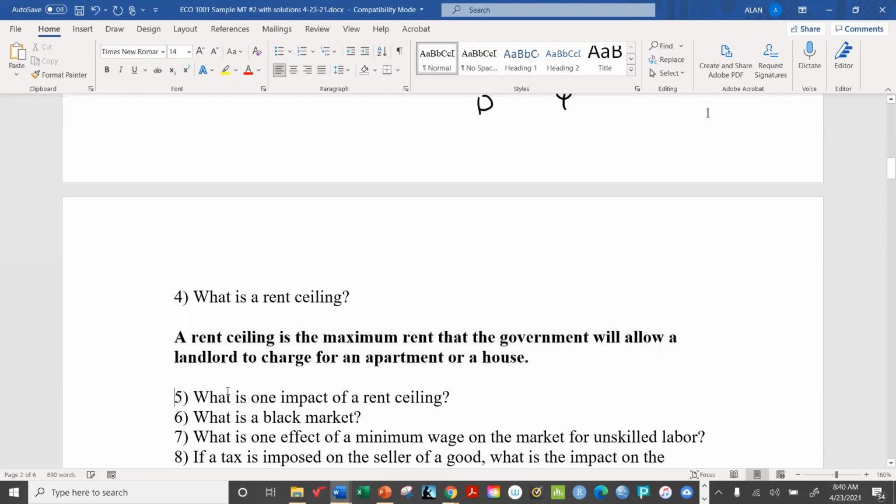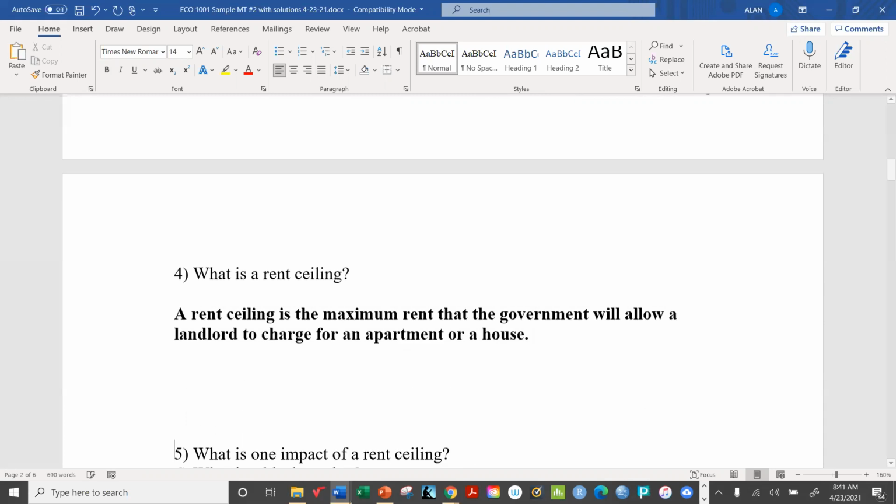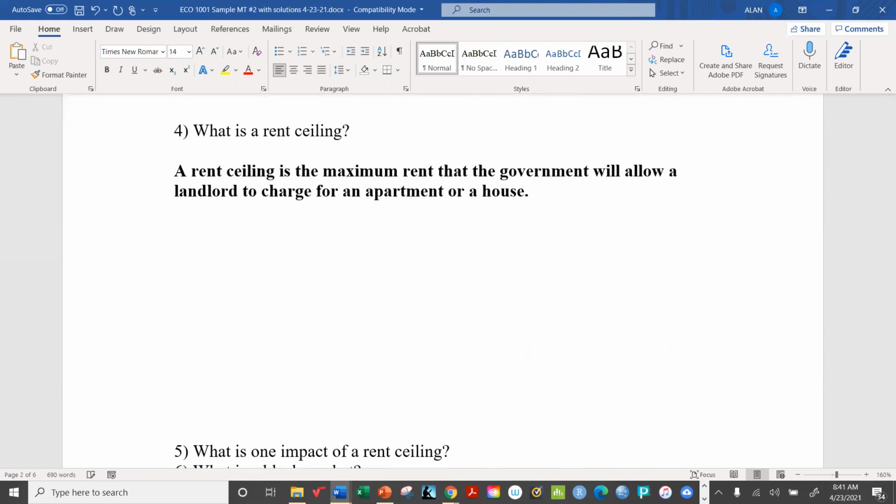Now in the second half of this test, where the problems are, you might be asked to actually draw a picture of a rent ceiling. When you do that, the most important detail is that the price or the rent ceiling has to be set below the equilibrium price. Otherwise, it would have no effect.